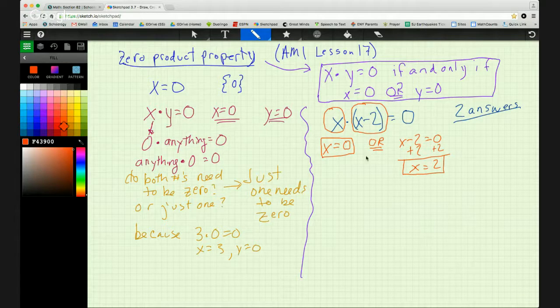So how do we write that as a solution set? Let's go back to our building blocks. This is stuff that we learned over the last couple of weeks of class. If it's a 0 or a 2, we write them in numeric order. 0 is less than 2. So we write our curly brackets.